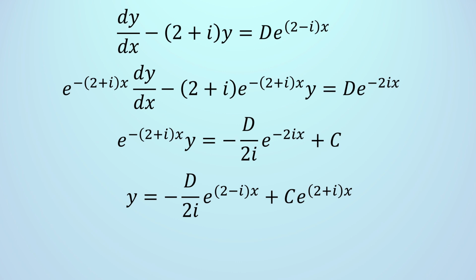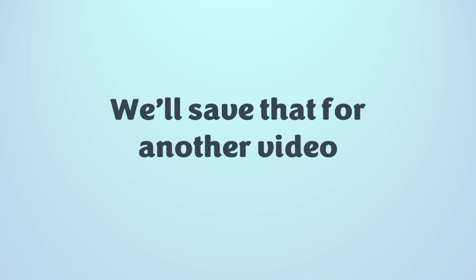The only bit that's different with these cases is at the very end, when you convert from something with exponentials to then having some trig functions in there as well. But that bit of the process is something we will save for a future video in the Prove It series.